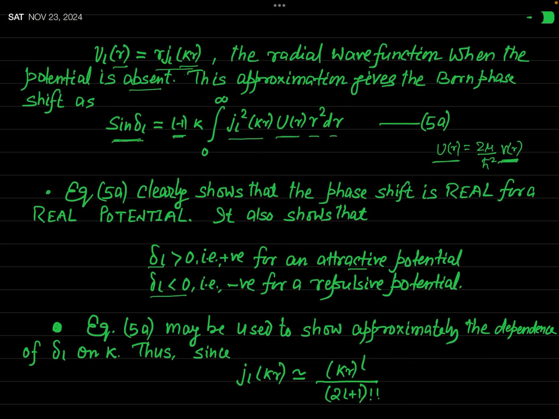Now we are going to see a very important fact, which is the dependence of this delta L on the value of k. For knowing how delta L depends on k, we will use an approximate result, which is j_L(kr) equal to (kr)^L over (2L+1) double factorial.